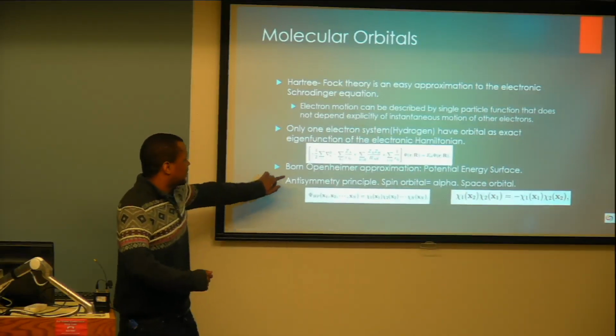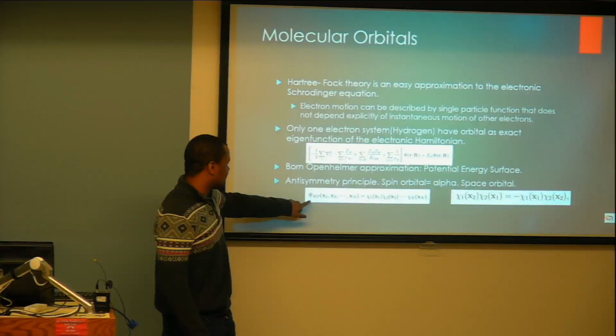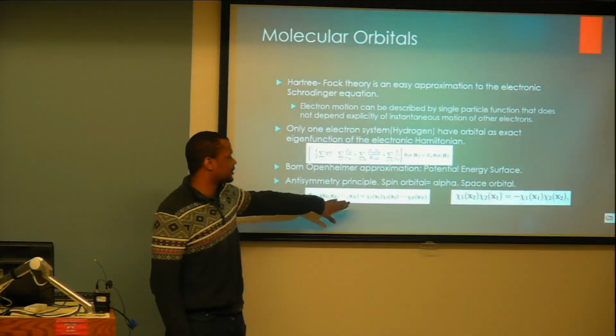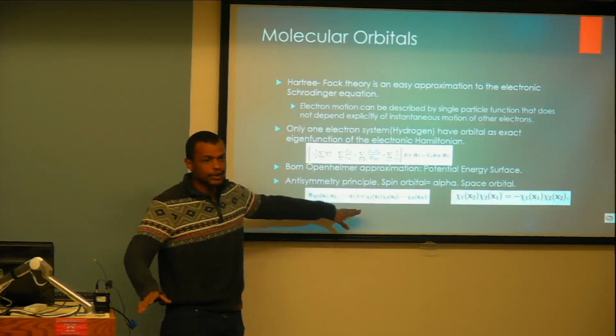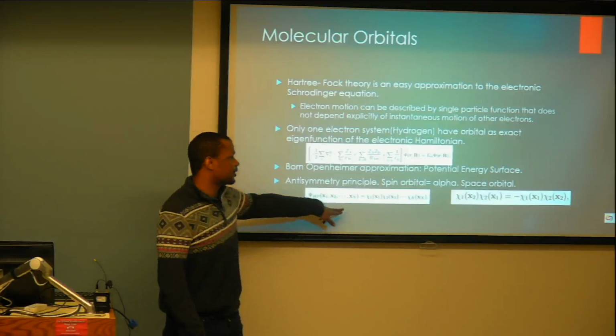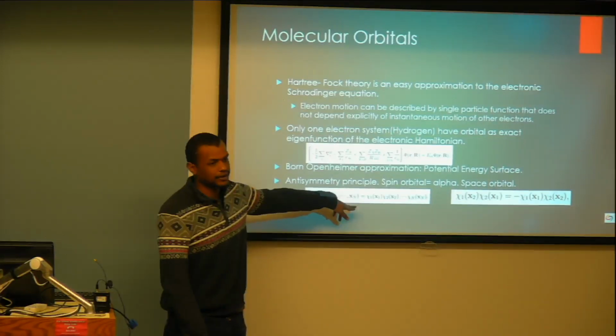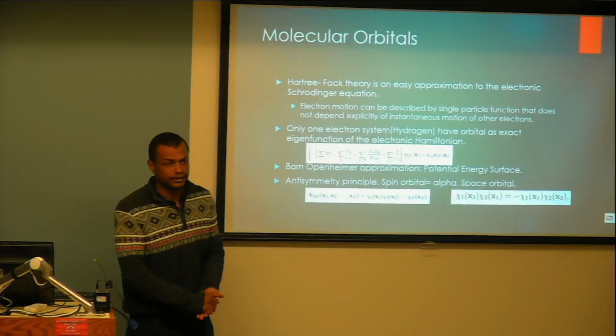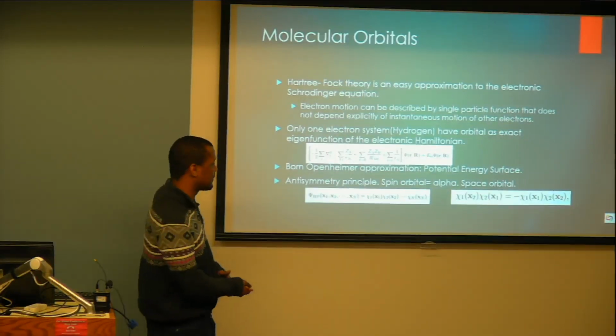So the eigenfunction as a sum of eigenfunctions in the spatial orbital is going to turn into spin orbitals, right? A spin orbital is just the spatial orbital times the alpha or beta function, which describes spin up and down.